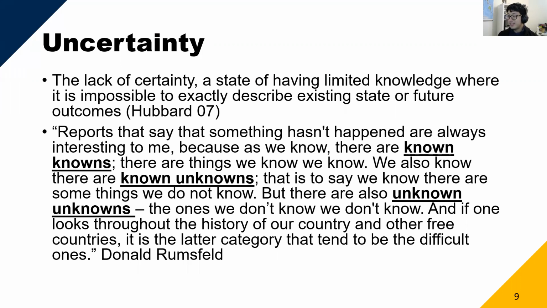There are known knowns, which are things that we have good information about. There are known unknowns, where we know there are things we're uncertain about, but maybe we have some perspective about what we don't know. And then there are unknown unknowns, and those are the hardest to capture. We'll think about how each of these concepts can be applied rigorously in a quantitative setting.